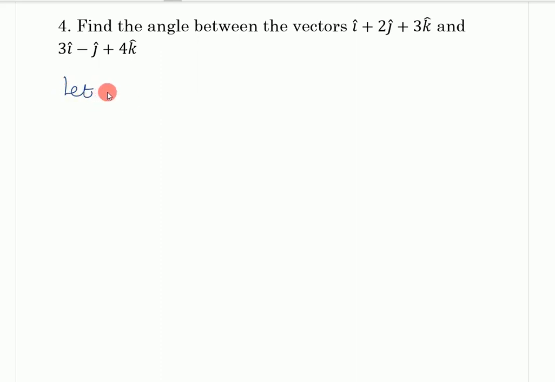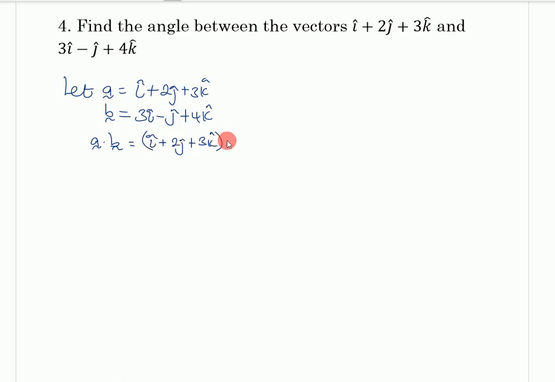So we shall say let one vector a be equal to i plus 2j plus 3k, and then another vector b equal to 3i minus j plus 4k, such that now we need to get the dot product, which is i plus 2j plus 3k dotted with 3i minus j plus 4k.